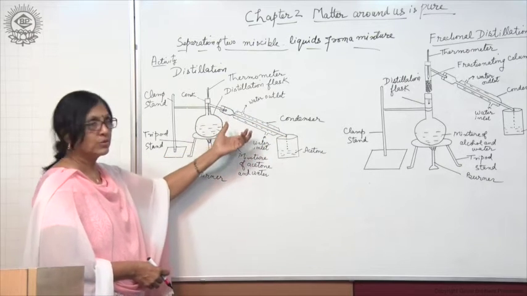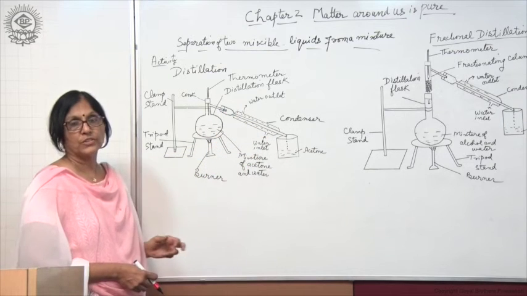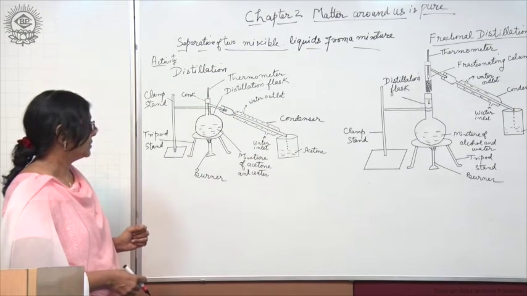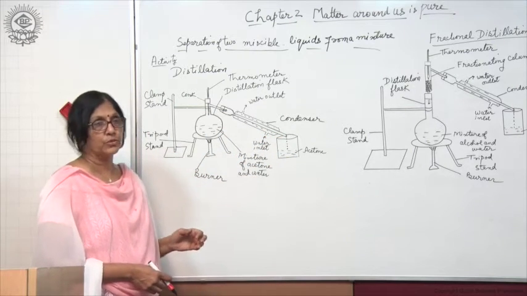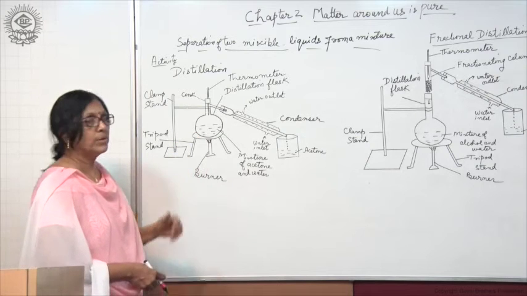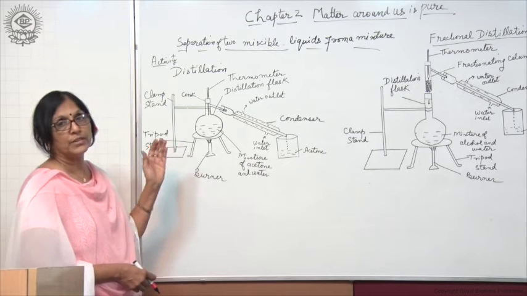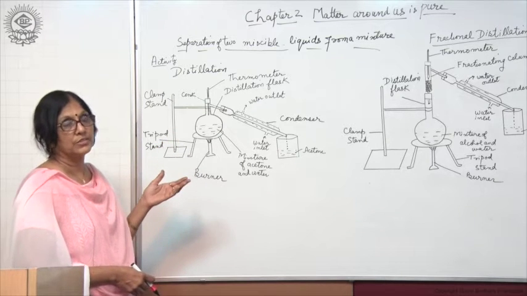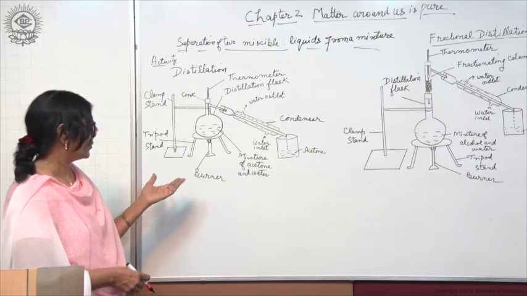Here it will get cooled by the water flowing through the outer jacket of the condenser, and on cooling it will condense and form acetone and be collected in the beaker. Water will be left behind. So, here the temperature has to be kept constant, it should not rise. So, by this method we can separate a mixture of acetone and water.